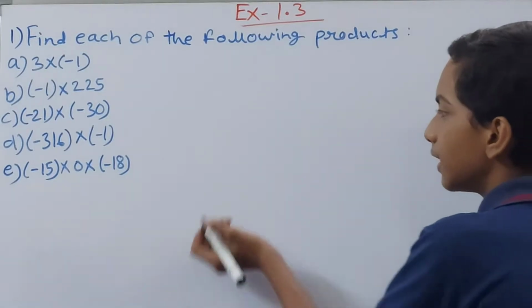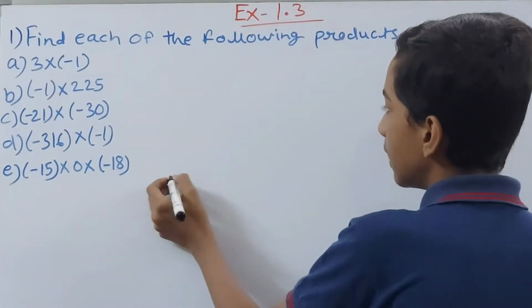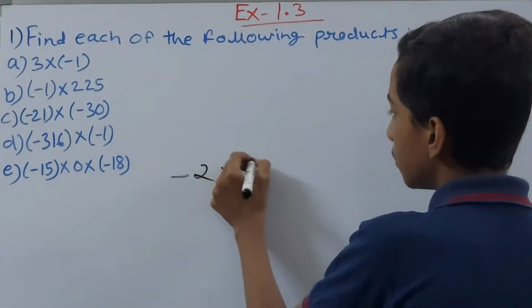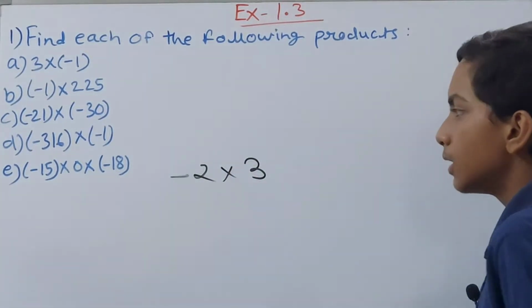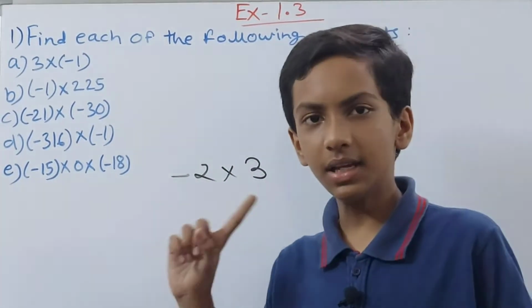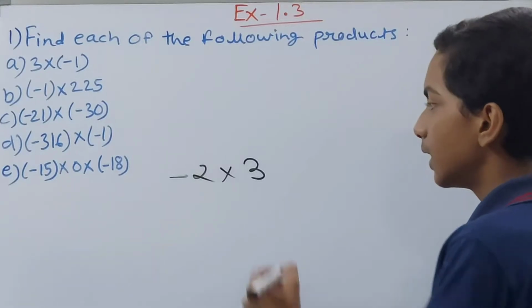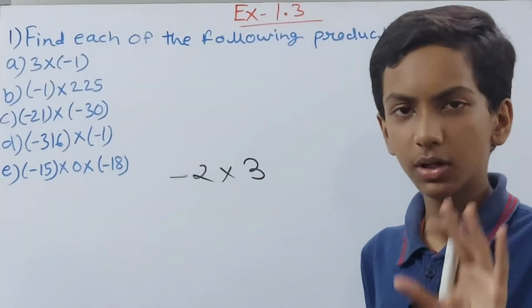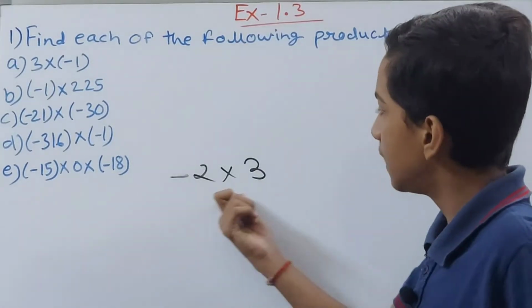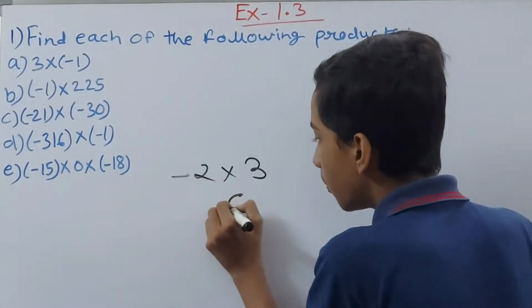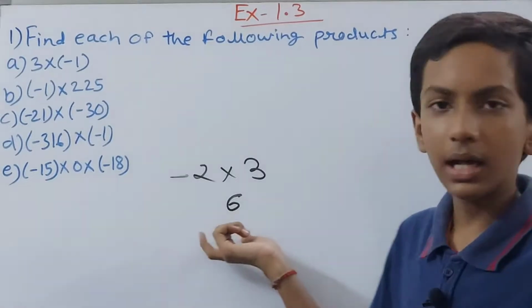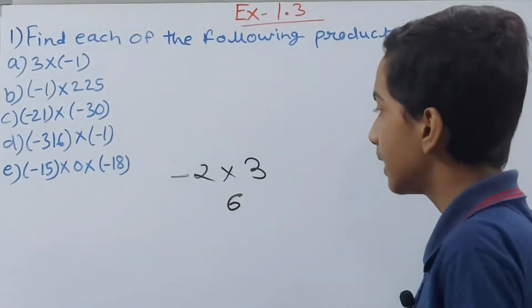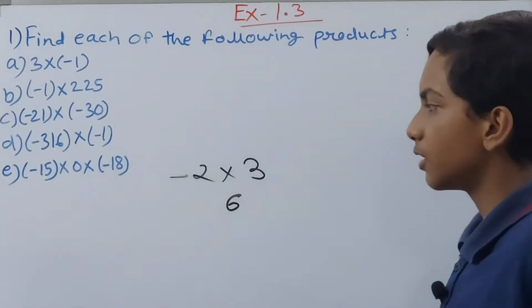Suppose I have a negative integer here, minus 2 into 3. Whenever we have one negative integer, we basically multiply the numbers, 3 into 2. We forget about the sign for a second. You multiply the numbers and write the product you get in positive form.